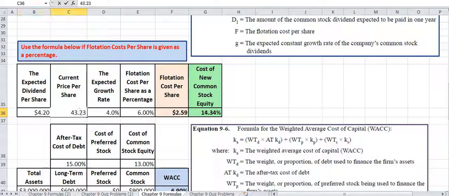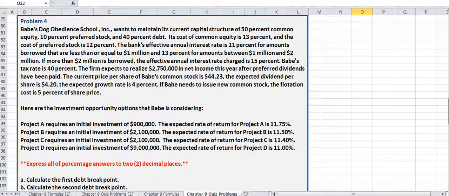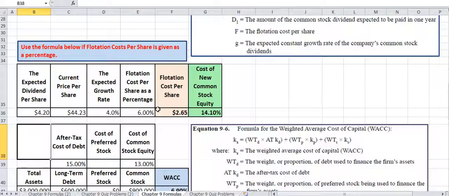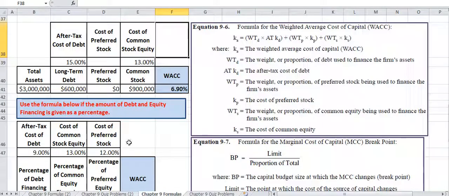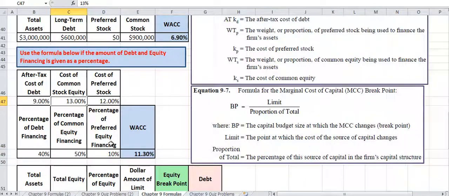And this is 44.23. The growth rate is 4% and the flotation cost is 5%. So we put that in right there, and we get a cost of new common stock equity of 14%. So we put that right here, 14.